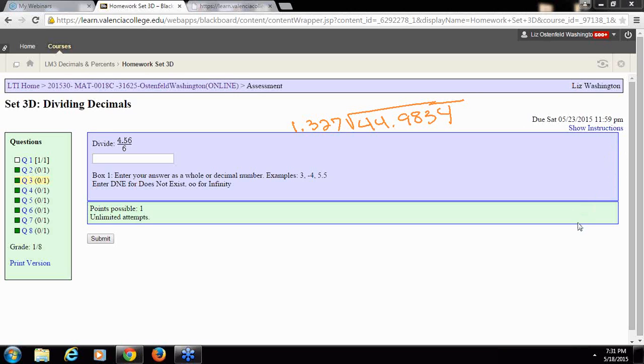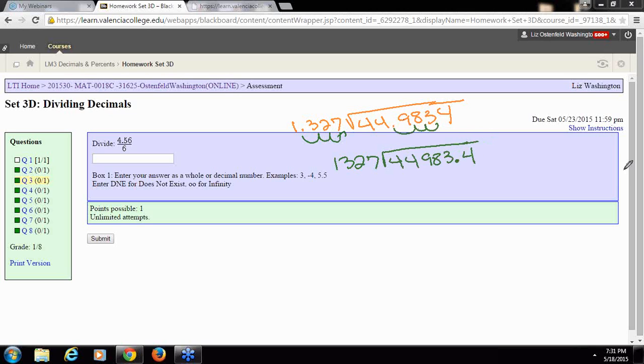In this problem, I would actually move it more than once. How many places do you think I'm going to move this problem? 3, because I need to move this 3 times to make this a whole number. And since I had to move that one 3 times, I have to also move this one.